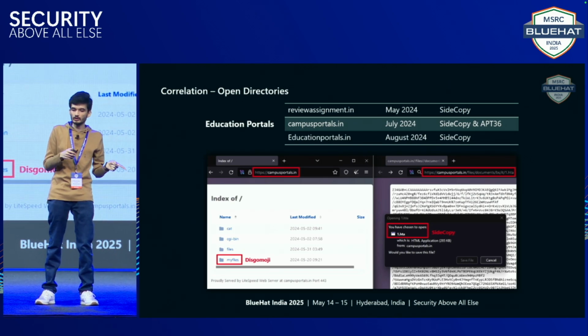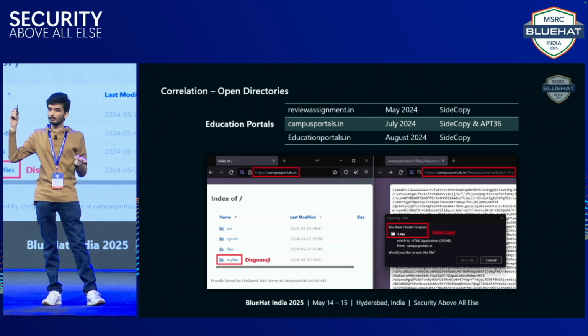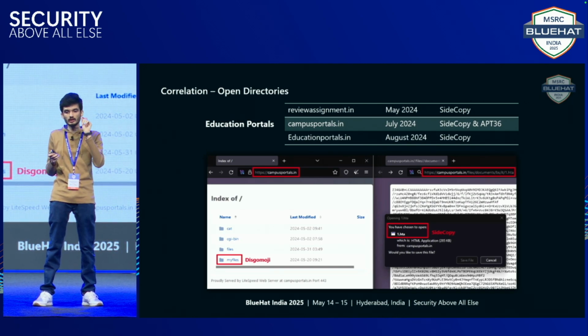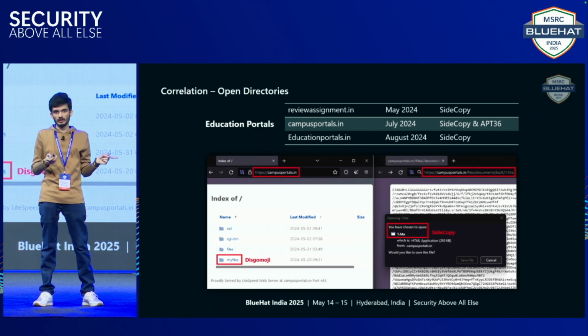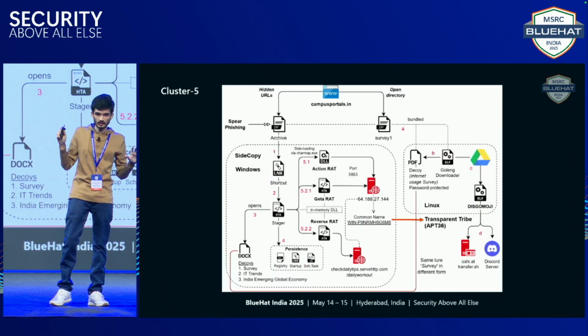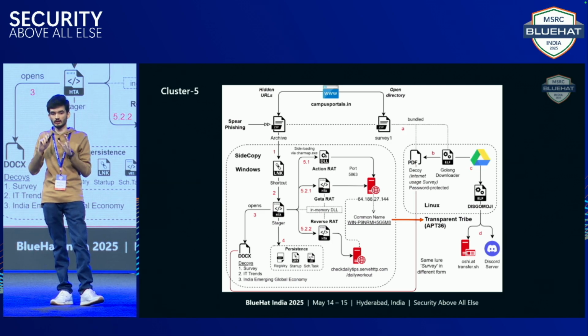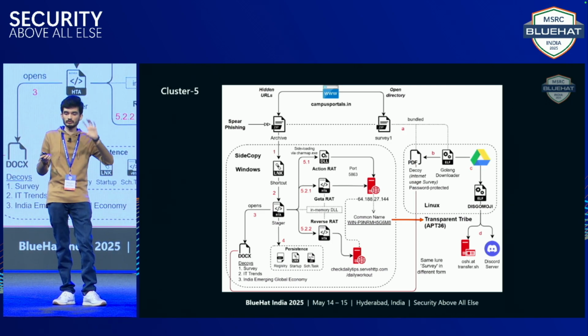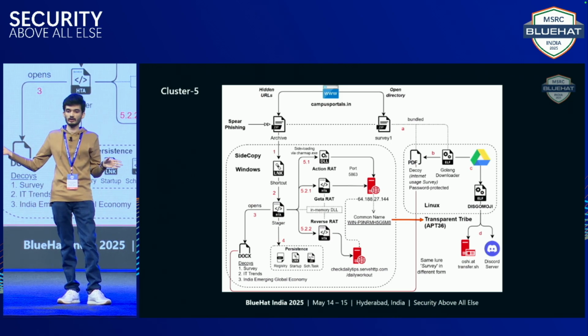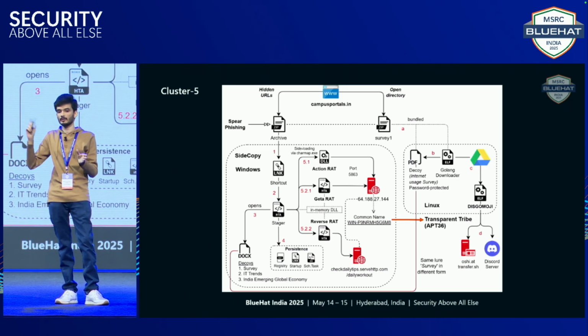On the left hand side you can see it is hosting the DISCOMOJI payload, and on the right hand side, in the hidden URLs, you can see it was hosting the HTA based stager that we have seen in the previous clusters. So this is the complete infection chain that we found for cluster 5, where SideCopy was targeting Windows based platforms and APT36 was targeting Linux based platforms.